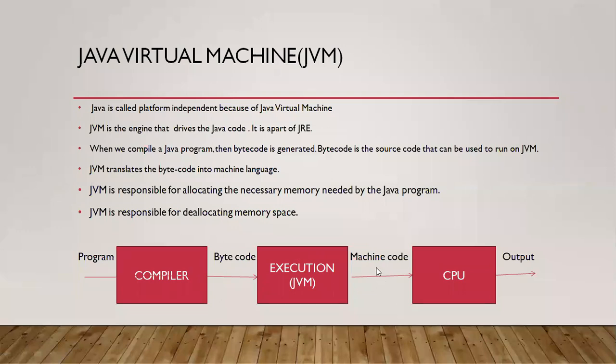That zeros and ones language is called machine language, machine code. It converts based on the operating system. That machine code is sent to the processor, the CPU unit, which works accordingly and gives the output to us. This is the overall process of the Java Virtual Machine.